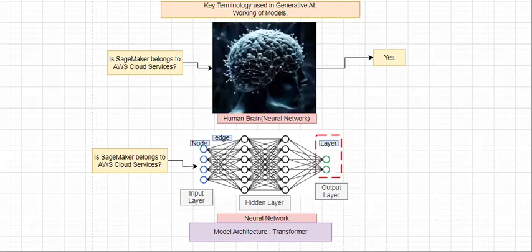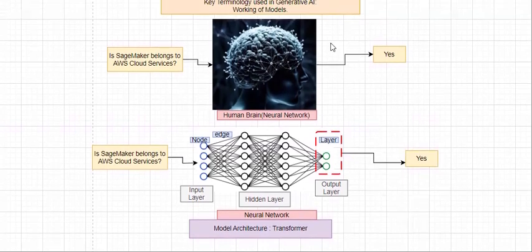Let's say this model is one of the language models, like the chatbots we already have, right? Then obviously it will provide me this response back. Now let's analyze how it provided this response.